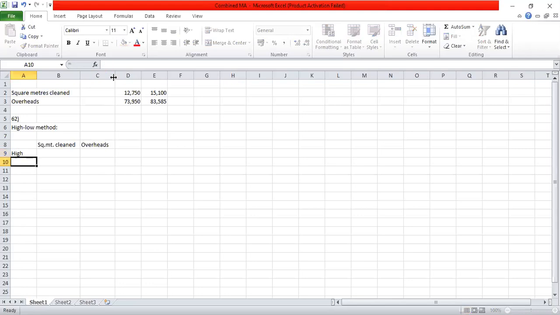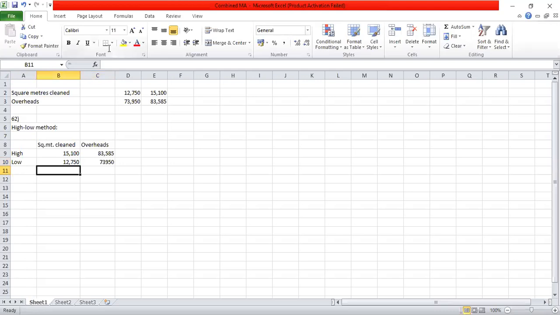I hope you are able to see the Excel sheet, no? Yes, ma'am. Take the high first. High activity level is 15,100 meters, and the overhead cost at high level is 83,585. Low level is at 12,750 meters, and 73,950 is the cost.